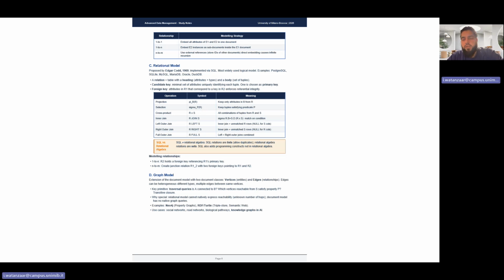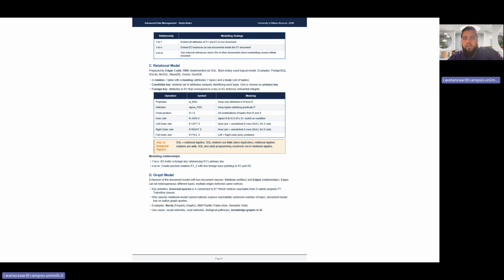We have discussed so far three logical data models: the key-value model, the second one we discussed was the document model, and now we are discussing the third one, the relational model. The relational model was proposed by Edgar Codd in 1969 and implemented via SQL.